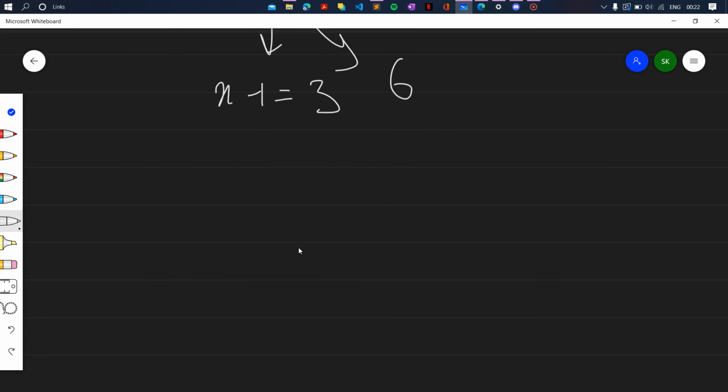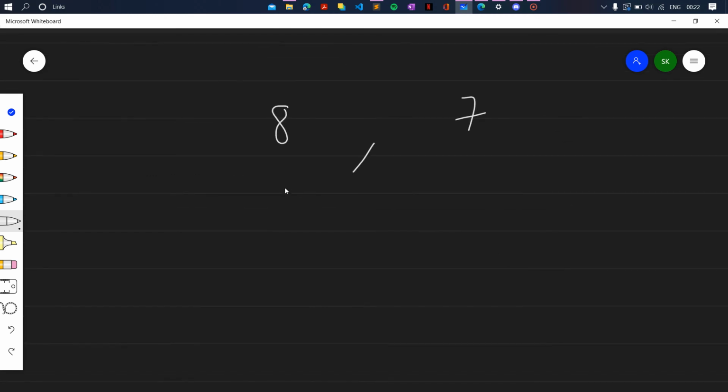Let's take another example like 8 comma 7. So x minus 1 would be 7, which is greater than or equal to y, which is 7. So we can take any n greater than y, and that will give y mod n equal to 7 only.